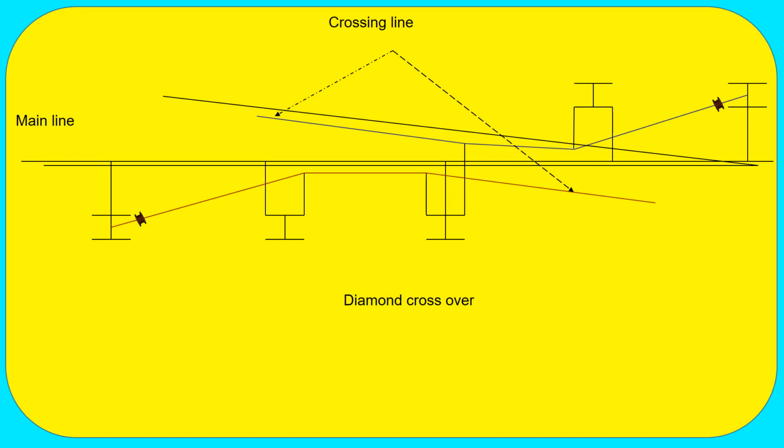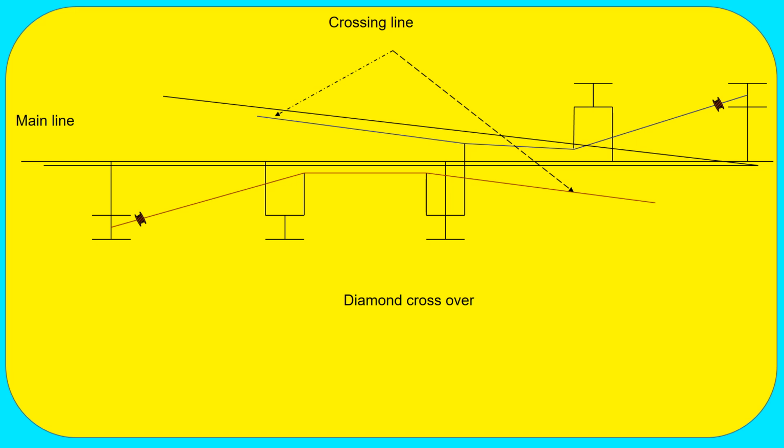The train will come and cross the track. Suppose it is coming from the top and moving to the bottom. This black and blue color OHE will come from that side and then go to the red OHE.